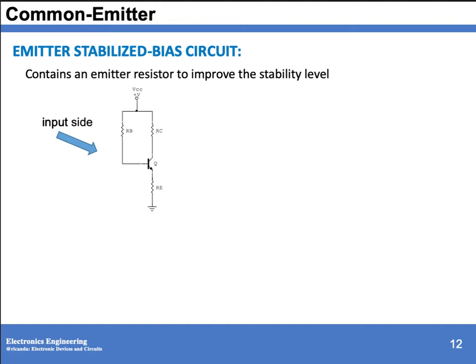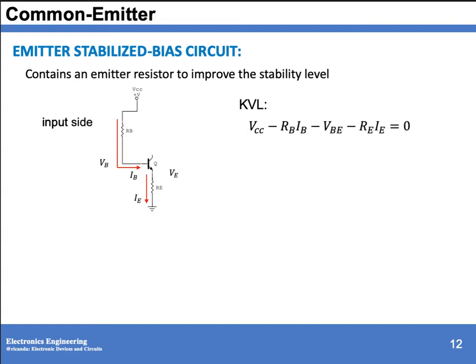So at the input side analysis, applying KVL to solve for our voltage base and voltage at the emitter. So we have VCC minus RB IB minus voltage base-emitter minus RE IE.